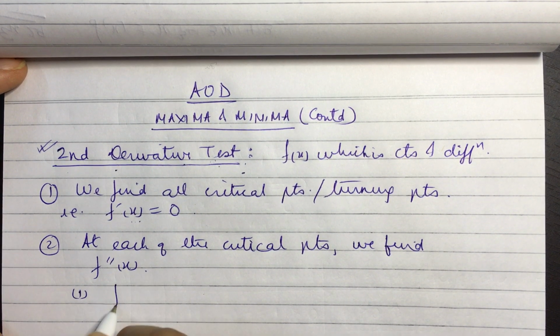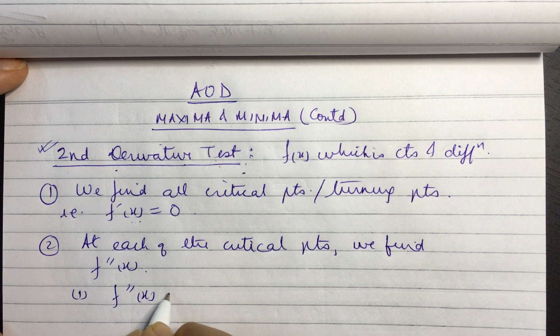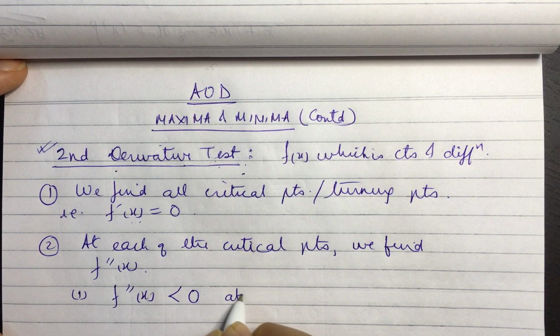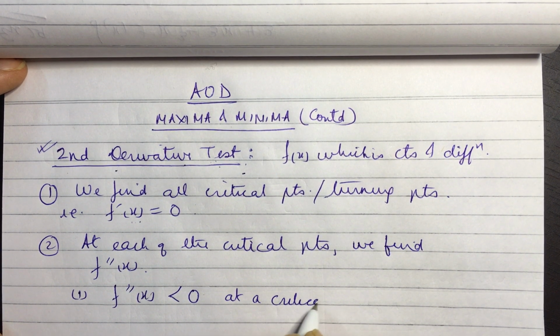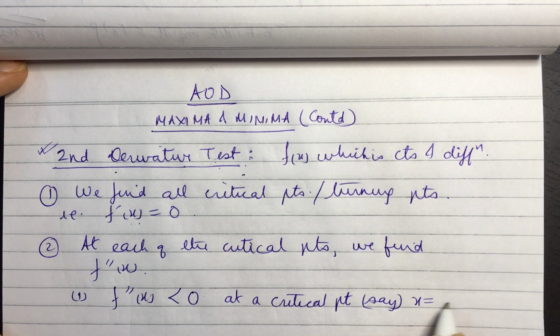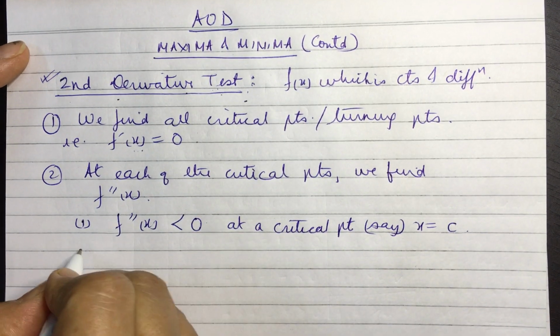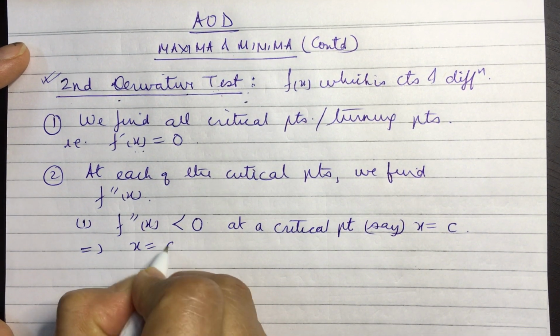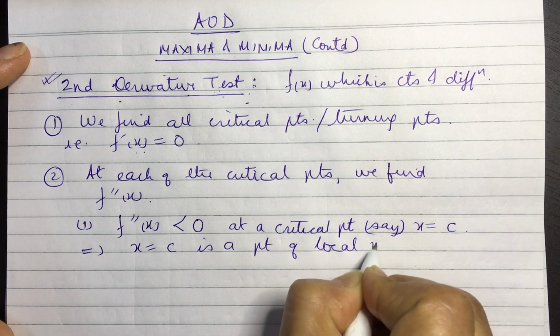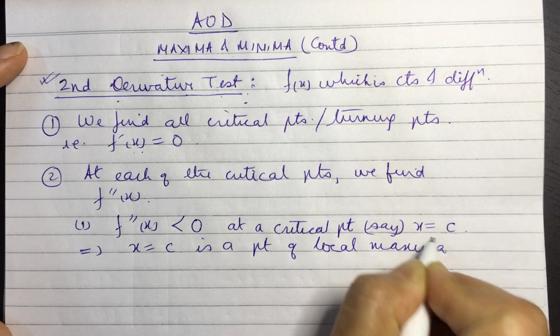First, if f double dash x is less than 0 at a critical point, say x equal to c, then x equal to c is a point of local maxima.